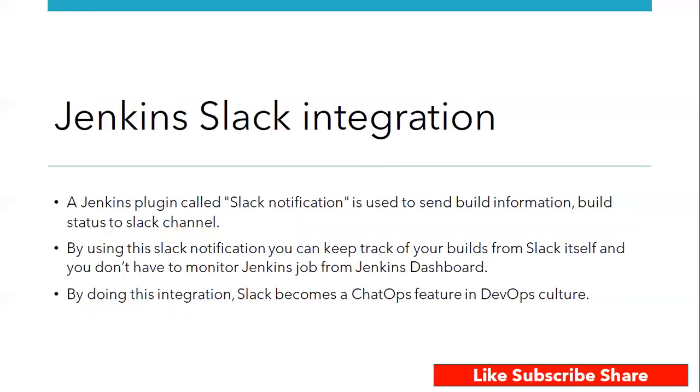In Jenkins Slack integration, we are going to see how the Jenkins plugin called Slack Notification is used to send build information and build status to the Slack channels. By using this Slack notification, you can keep track of your builds from Slack itself, and you don't have to monitor the Jenkins job from the Jenkins dashboard.